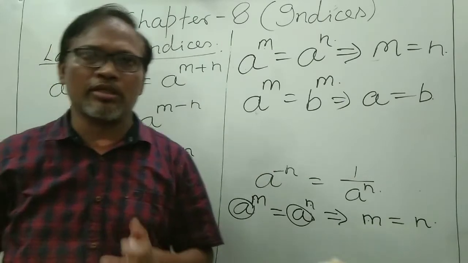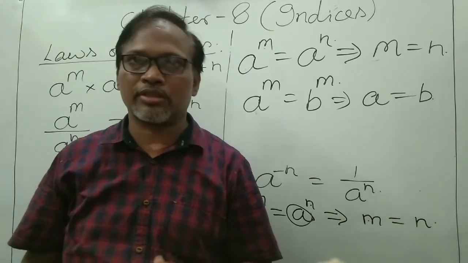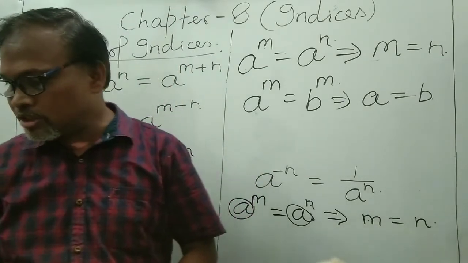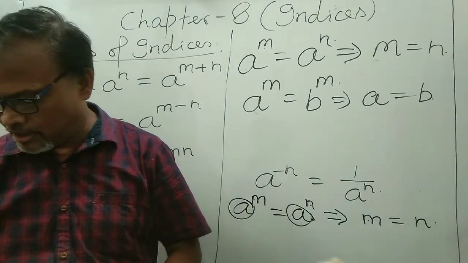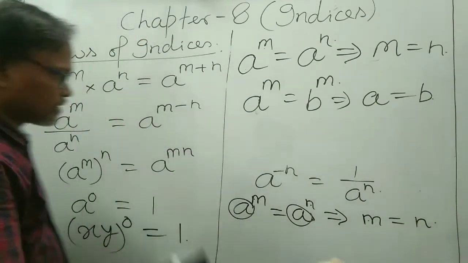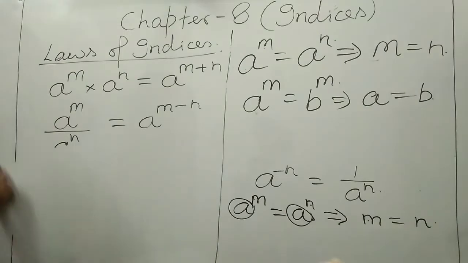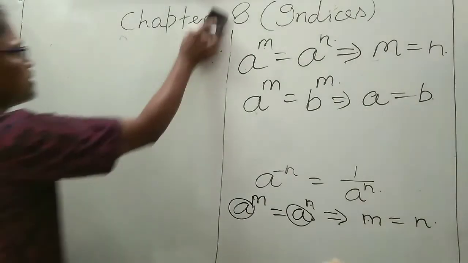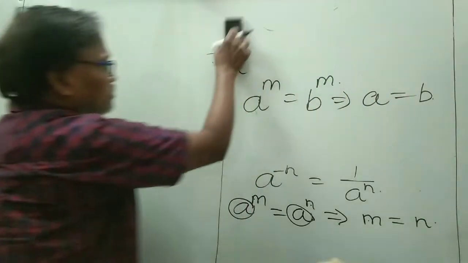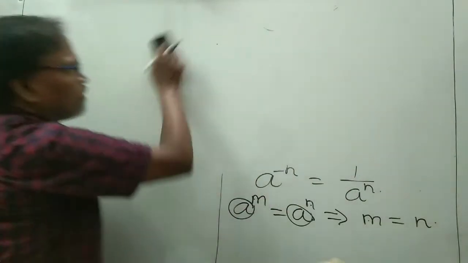Now I am going to tell you about some questions. You can see exercise 8. Open exercise 8, and I am doing some examples and some questions here, and you have to follow the rules of the indices.